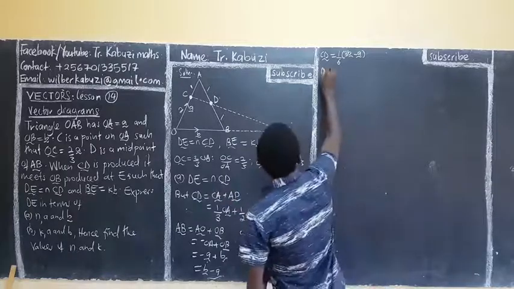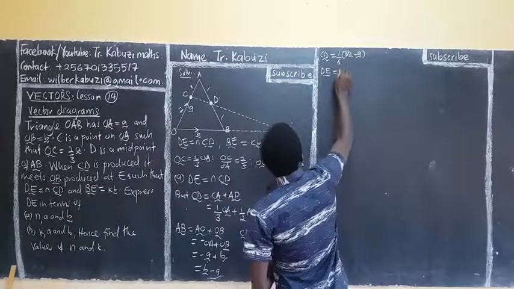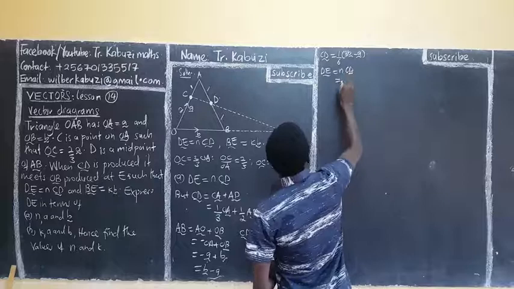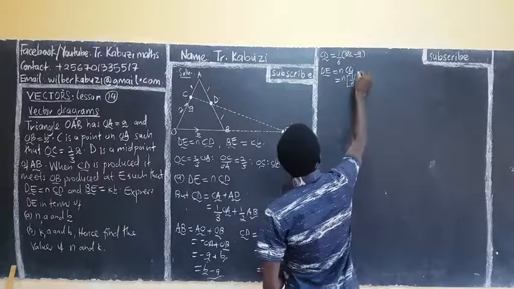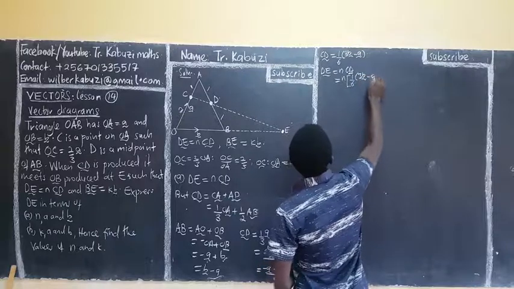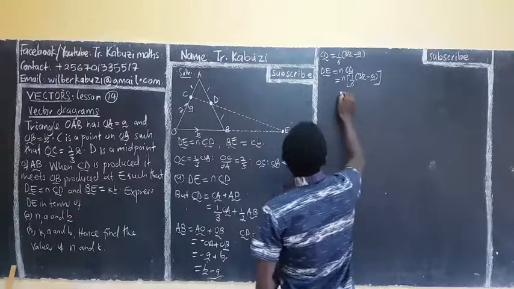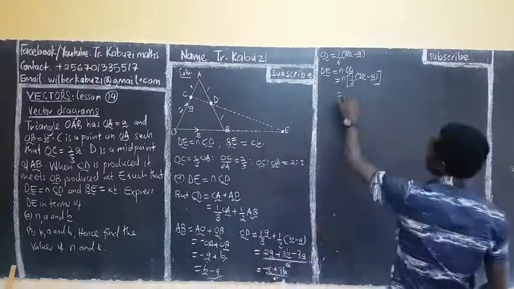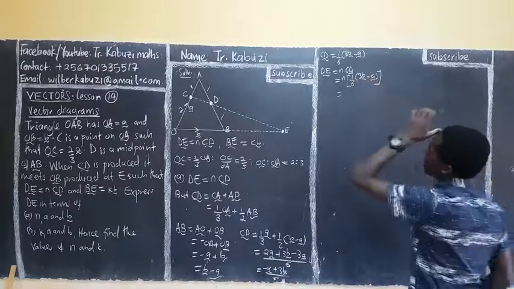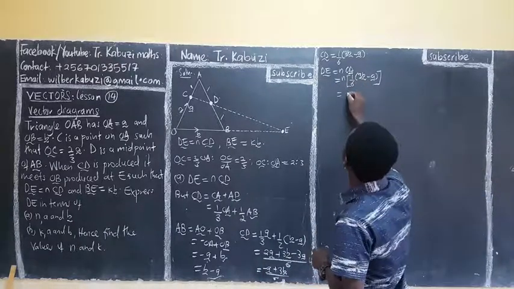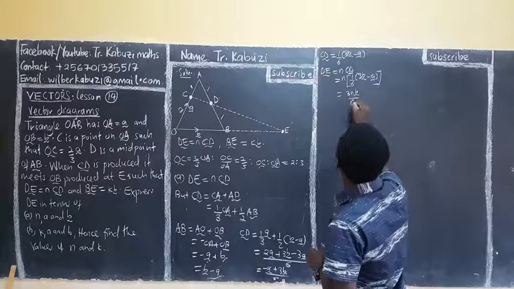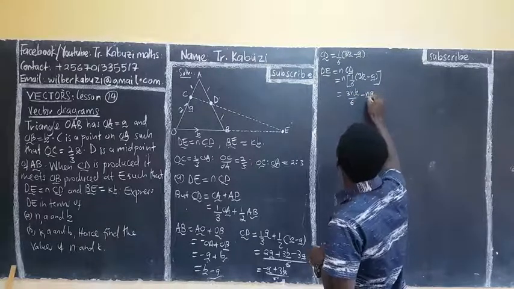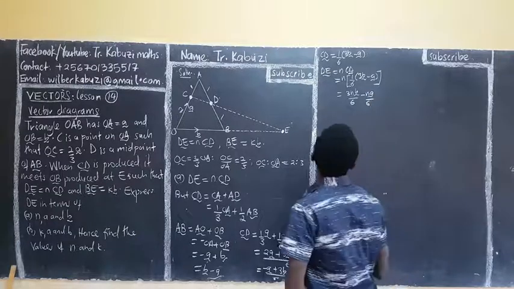So now we set my DB, which is N CD, to be N into 1 over 6, (3B minus A). Can we open the brackets? Now we separate this and that. So this will be 3NB over 6, then minus NA all over 6.